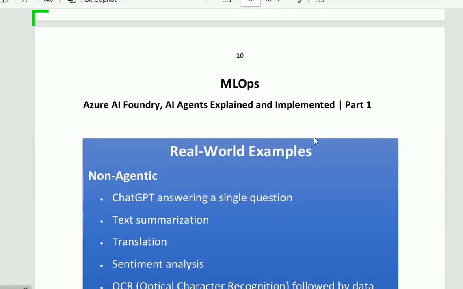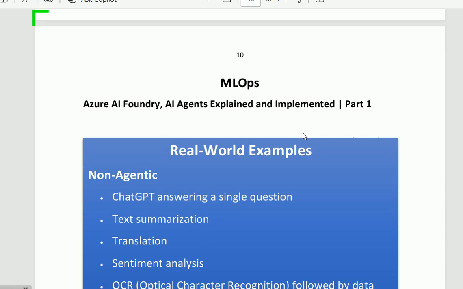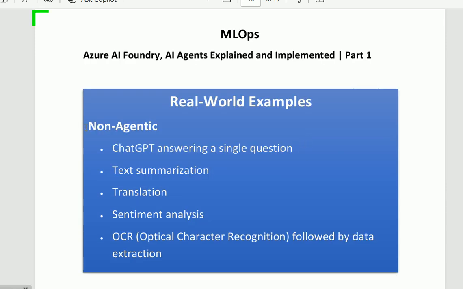Now I would like to give some real-world examples for the non-agentic and agentic workflow. Real-world examples for non-agentic are ChatGPT answering a single question, text summarization, translation, sentiment analysis, and OCR. These are different real-world examples for the non-agentic workflow.